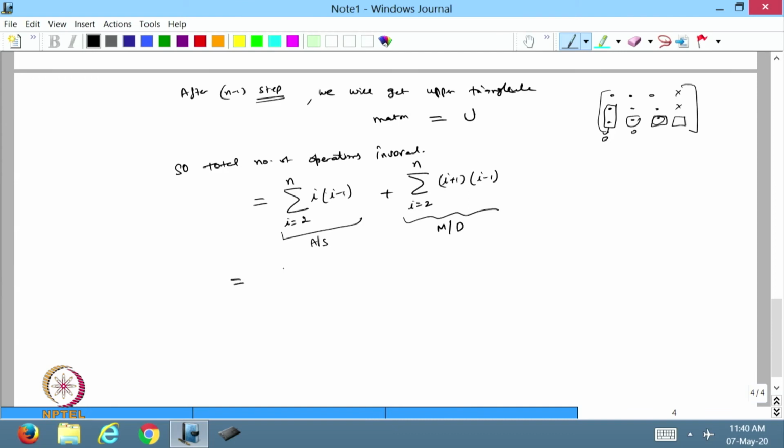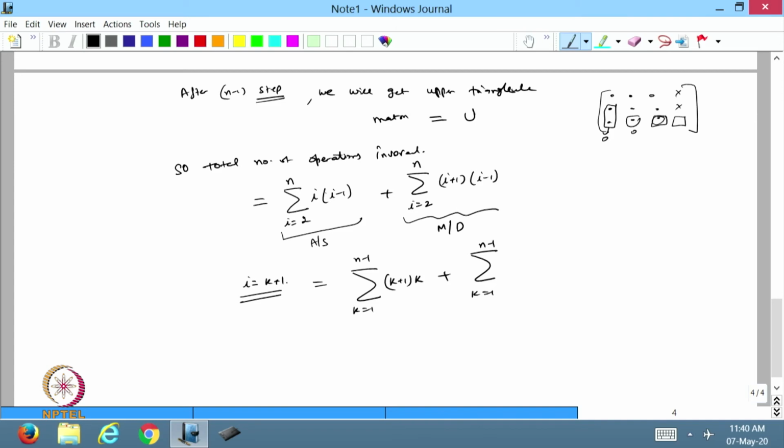Now, from here I can write this as, now you can see that it is i from 2 to n. Then what I do is that I just transform that i is equal to k plus 1. Now, if i is 2, then the k is 1. So, if I change this one, then my summation will move k from 1 to n minus 1, and this will be k plus 1 into k plus summation k from 1 to n minus 1.